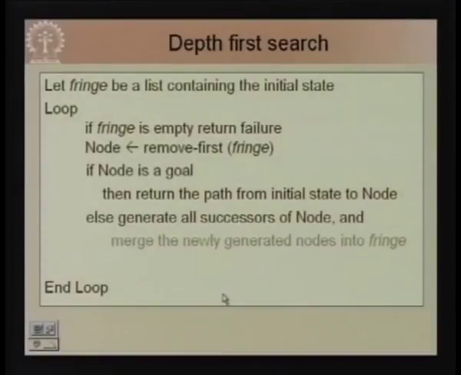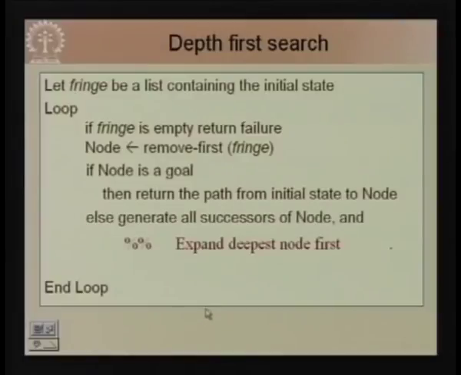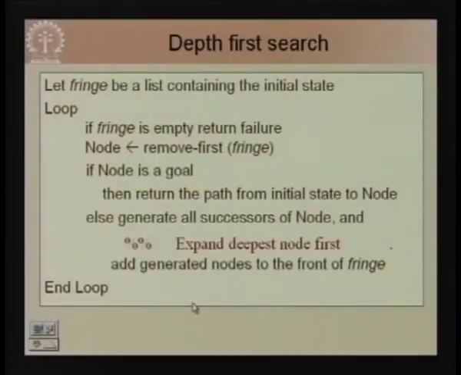In depth first search, our objective is to expand the deepest node first, and to achieve this we add the generated nodes to the front of fringe. That is, fringe is maintained as a last in first out structure or a stack structure. Newly generated nodes are put at the front of fringe.